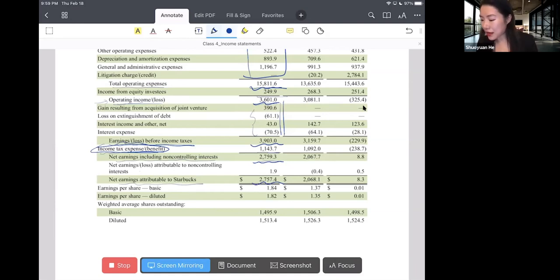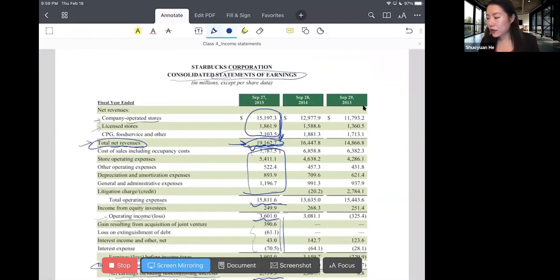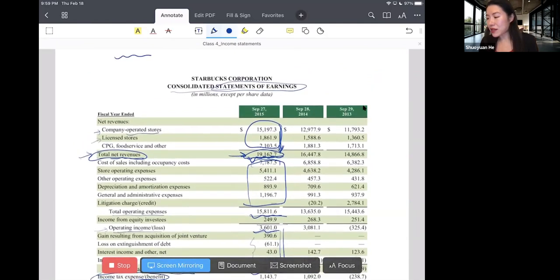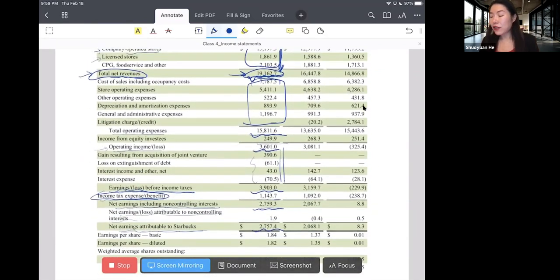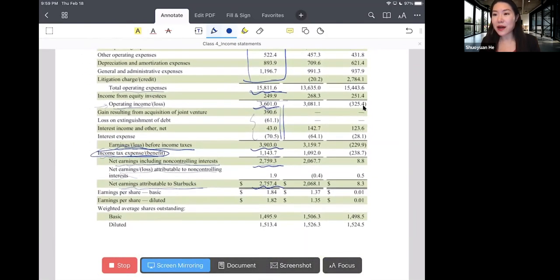This number comes from taking net earnings including non-controlling interest, and then taking out net earnings attributable to non-controlling interest. That will give you net earnings attributable to Starbucks. So those are the several numbers for Starbucks which are generated within the income statement.